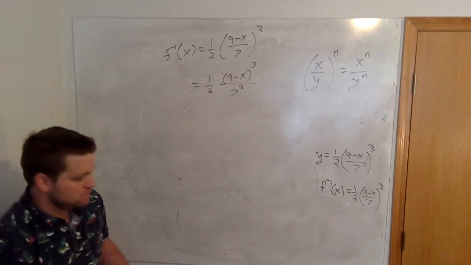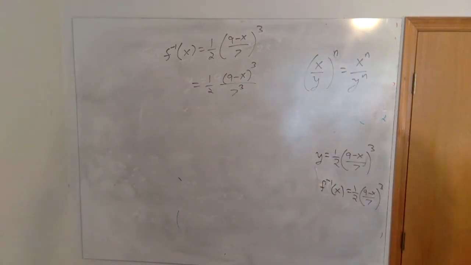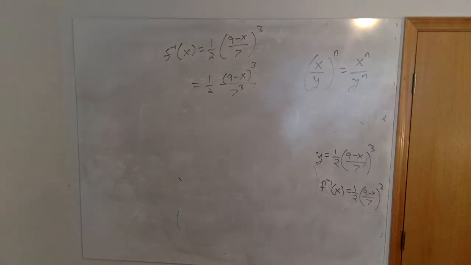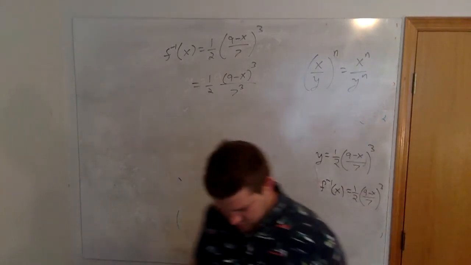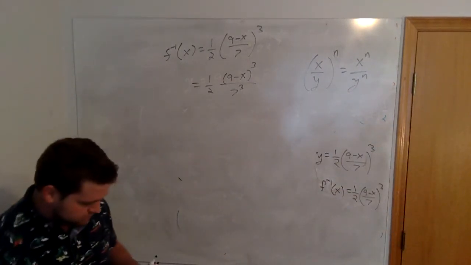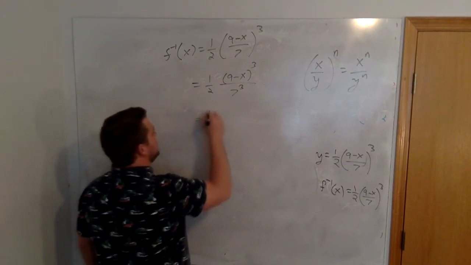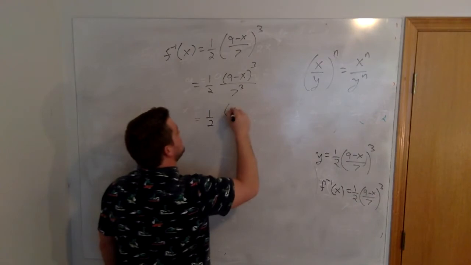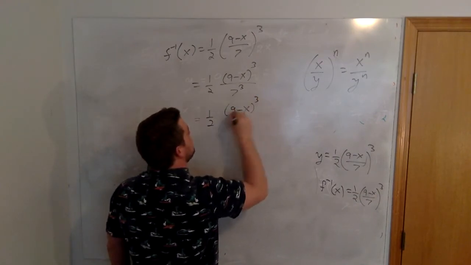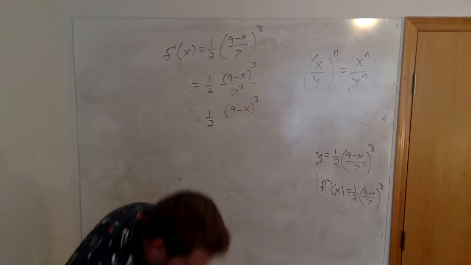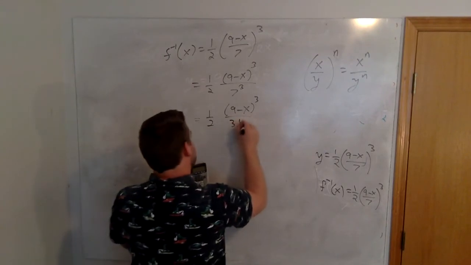What's 7 cubed? I don't know what 7 cubed is. Whatever 49 times 7 is. So this would be the same thing as 1/2 times (9 minus x) cubed over 7 cubed. Let's see, 7 cubed is 343.